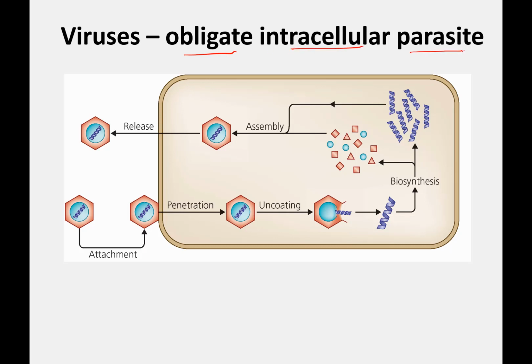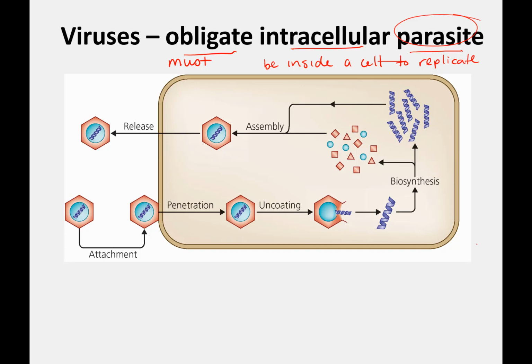So the obligate part means they must be inside a cell to replicate. And they're a parasite because they eventually, for the most part, end up destroying the cell that they've infected.